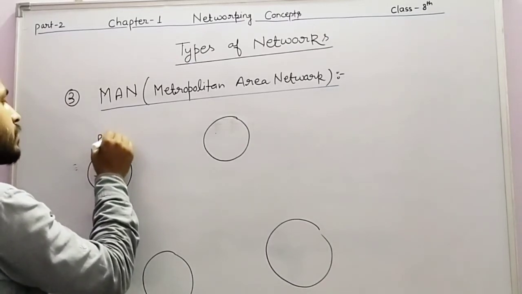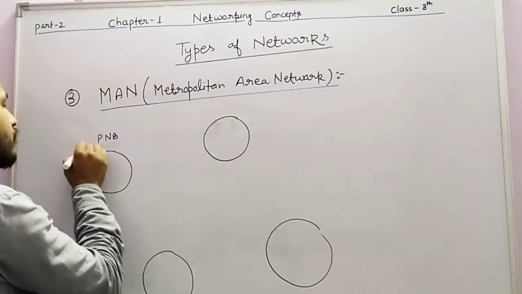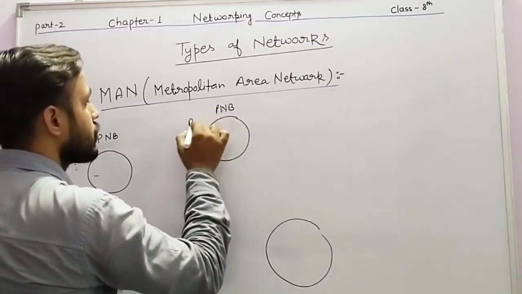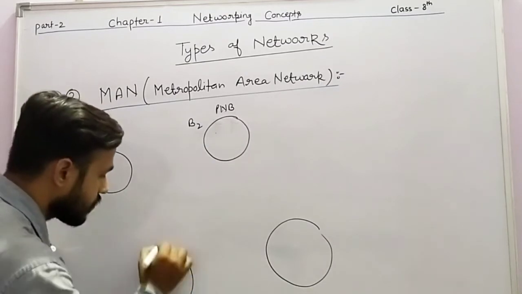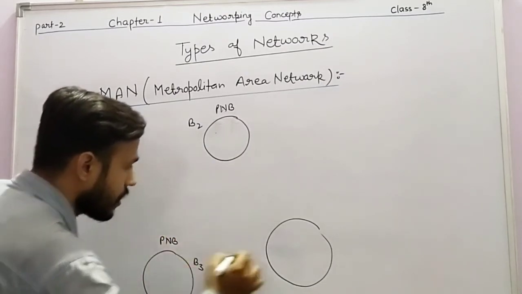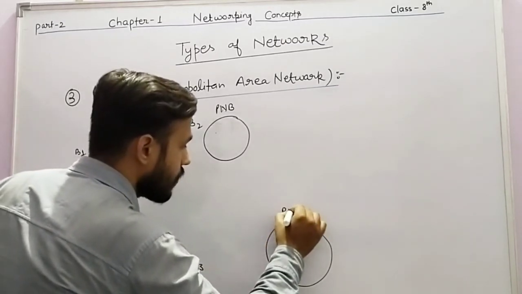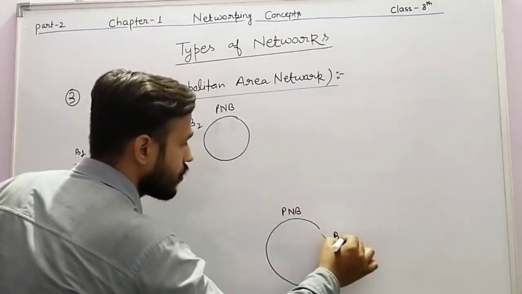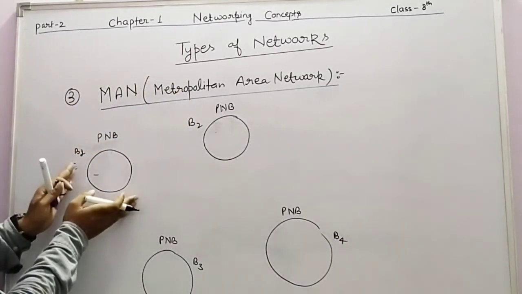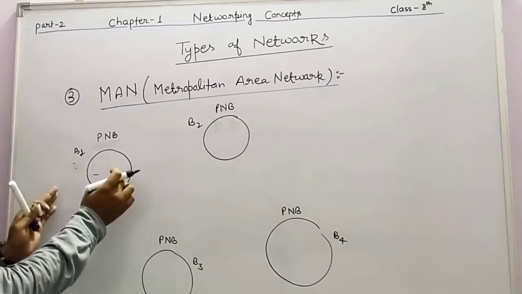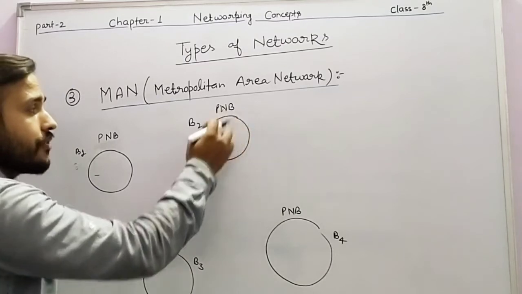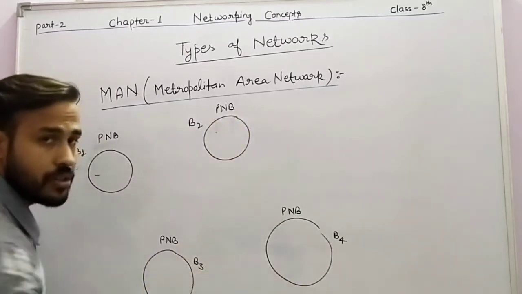This is Punjab National Bank branch 1, this is branch 2, this is branch 3, and this is also Punjab National Bank branch 4. If we are talking about this area, this is a small geographical area. This area is also a small geographical area, this also and this also.